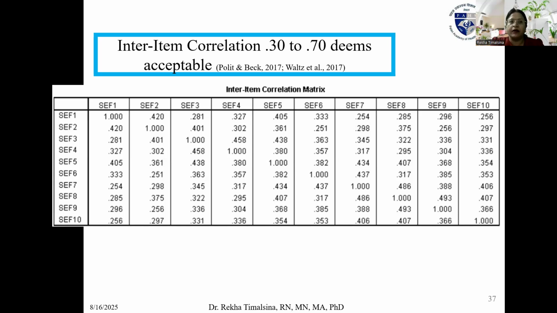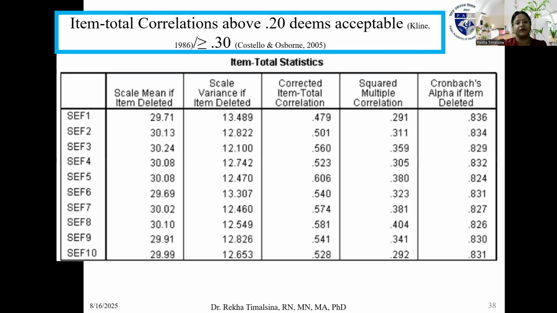Additionally, we need to check whether the item is reverse scored and ensure it has been scored correctly. Finally, conducting a factor analysis can help determine whether the item fits well within the intended factor or construct.